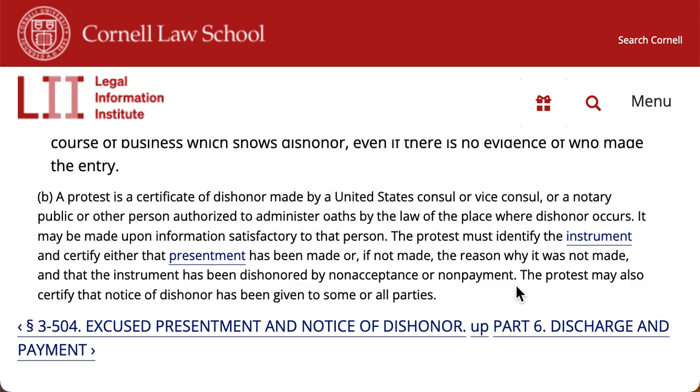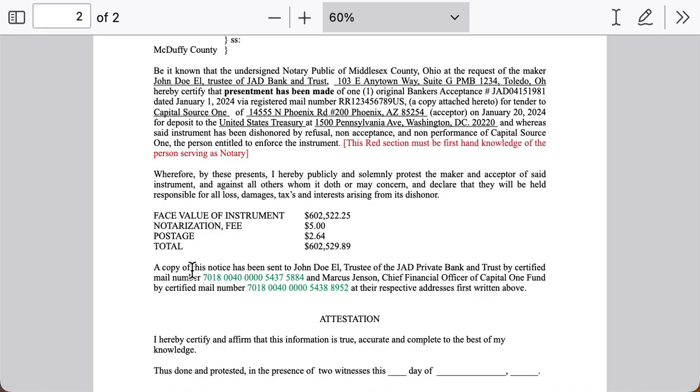So people will try to invalidate these, and I've seen courts have split opinions on whether a notary protest is not valid because the notary failed to give notice of the dishonor to some or all the parties. So we make sure, as you see here, a copy of this notice has been sent to the maker and a copy of this notice has been sent to the acceptor.